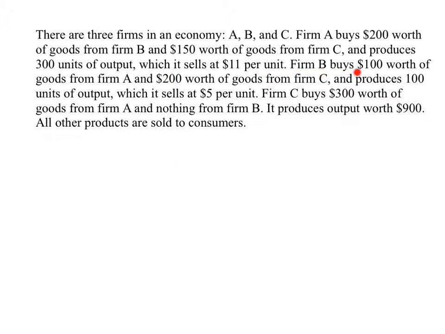Firm B is buying some goods from A and from C and producing 100 units at $5 a piece. Firm C is buying $300 worth from Firm A, nothing from B, and its output, they just tell you it's worth 900. They don't tell you how many units and the unit price. All other products are sold to consumers.